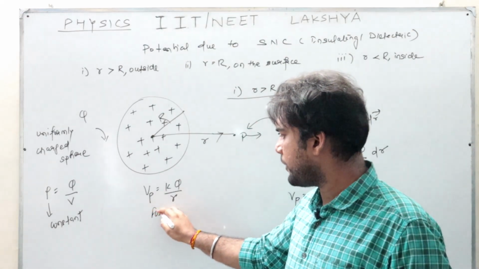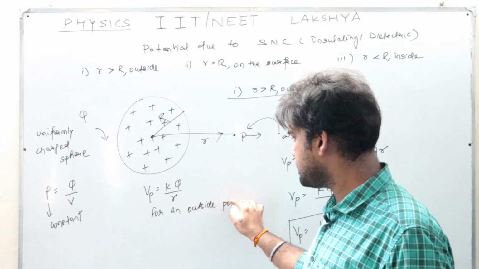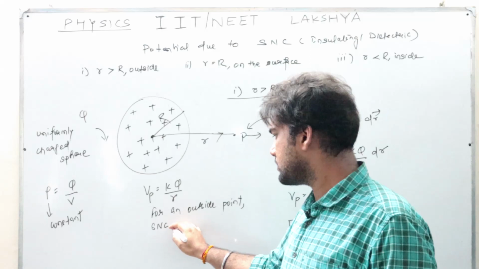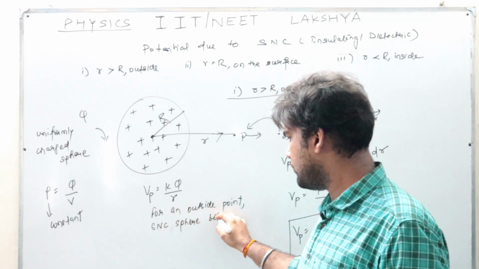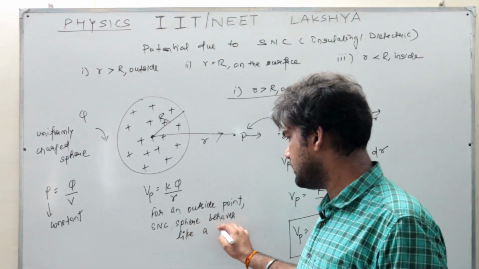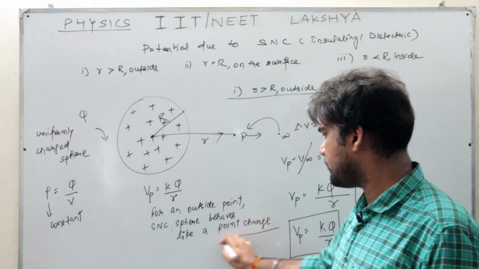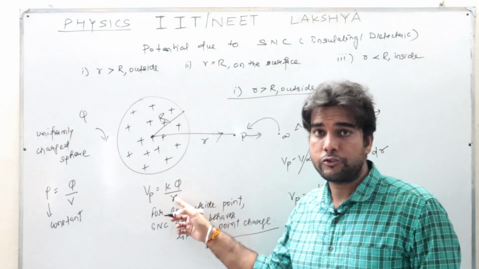For an outside point, the solid non-conducting sphere behaves like a point charge. Because what is the formula of potential for a point charge? kq by small r, and here also we are getting the same.